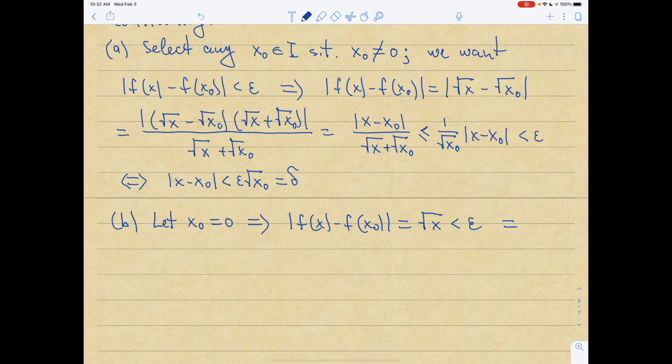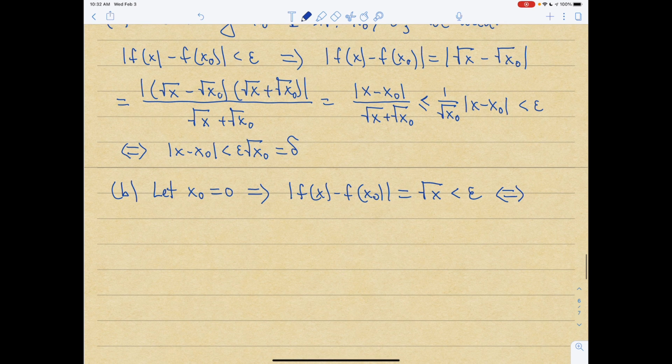And this would simply be equivalent, because x is positive. This is equivalent to, if I square both sides of the inequality, to x being less than epsilon squared, which of course trivially is the same thing as saying absolute value of x minus 0 is less than epsilon squared, right?